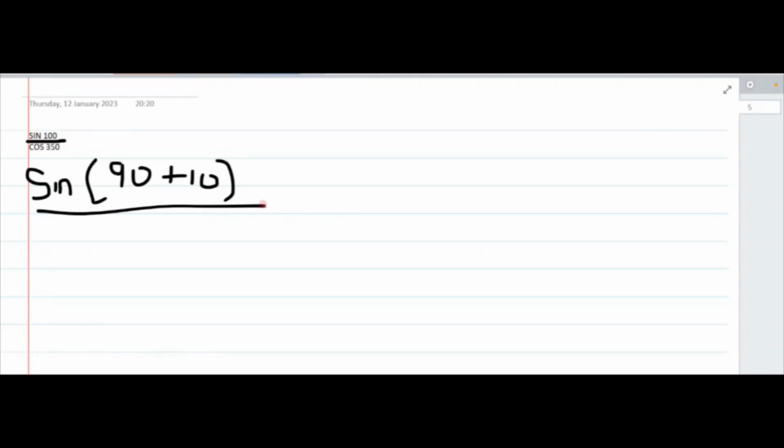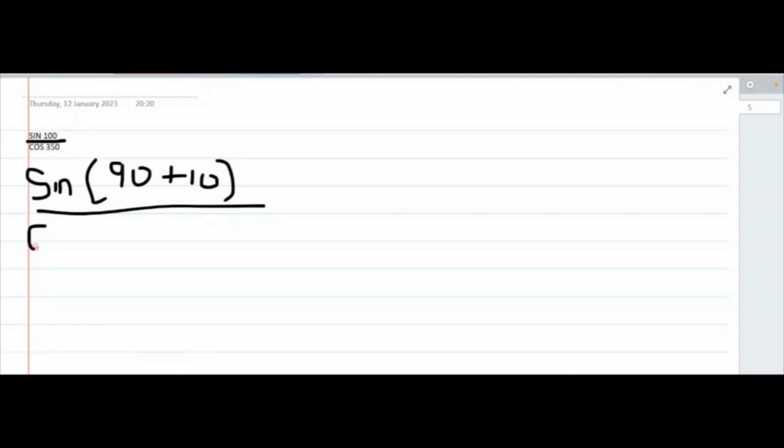We try to find something that will be common with what we already have. With 90 plus 10, we know there is nothing we will get with 90, so let's make sure our angle reduces to something with 10. Using 360 minus theta, we can say 360 minus 10 to get 350.